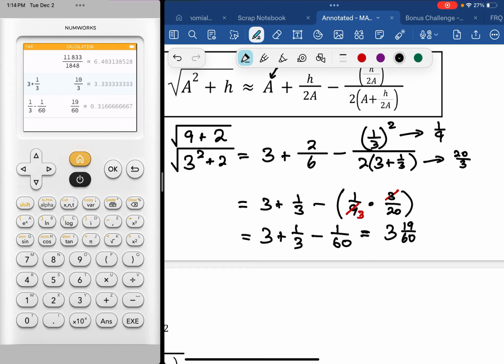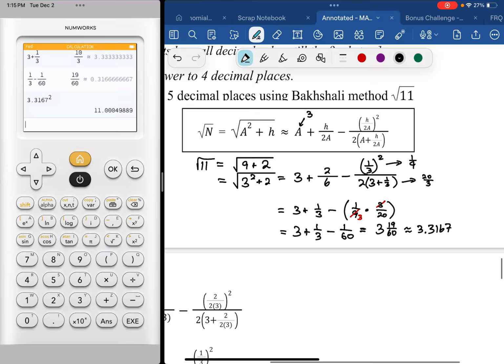So I can write it as a mixed number. When you add a whole number and a fraction, if the fraction is a proper fraction, then you could write it as a mixed number and leave it at that. But you could also write it in its approximate form of 3.3167. If I square that, I should get something close to the target number 11, which I do have.